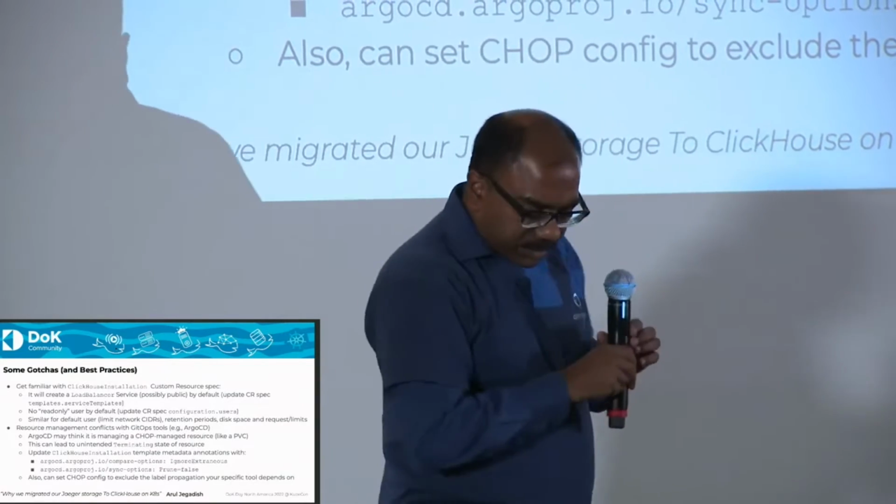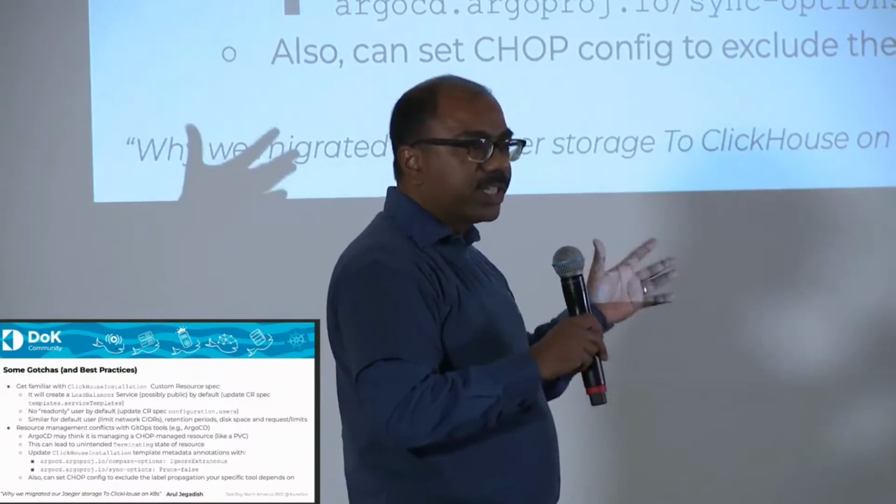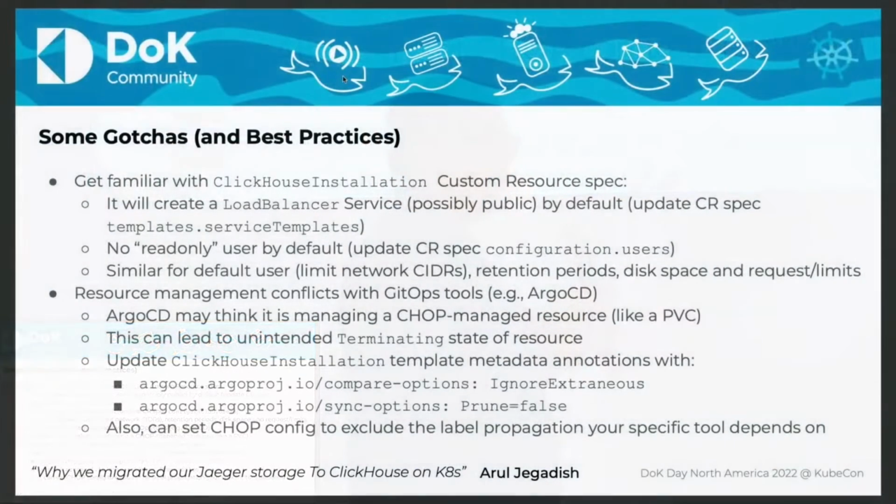So some best practices and some things we noticed when we did this migration. First of all, the ClickHouse operator ends up creating a load balancer by default, which is something you might not want. Your ClickHouse is something you'll access only from within your cluster most of the time. So that's a setting you may want to change before you go to production.